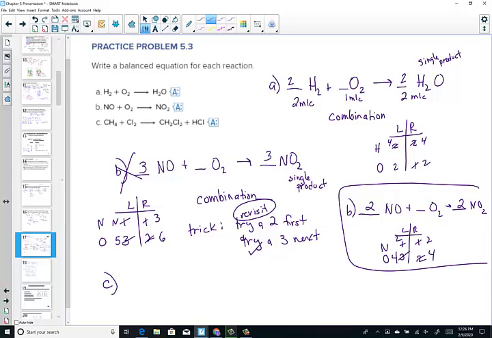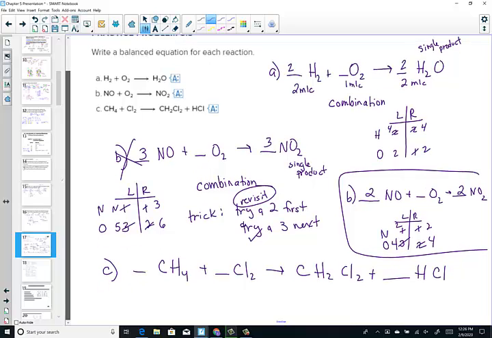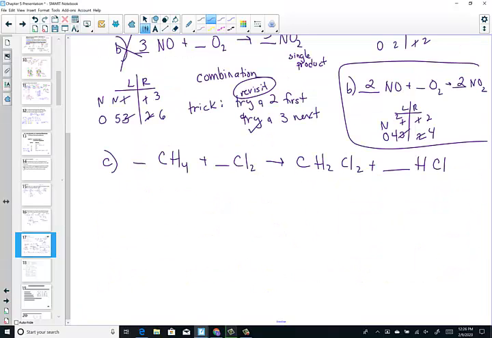Let's see, we have methane, CH4, reacting with chlorine to form CH2Cl2 and HCl. Did you create a T-chart?